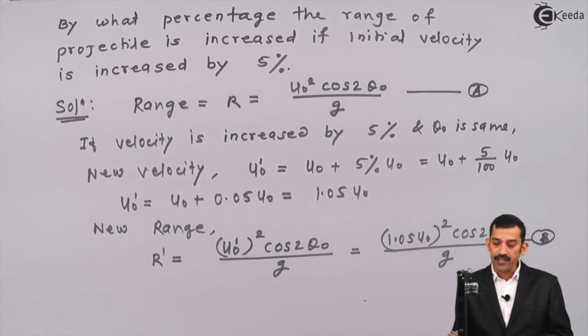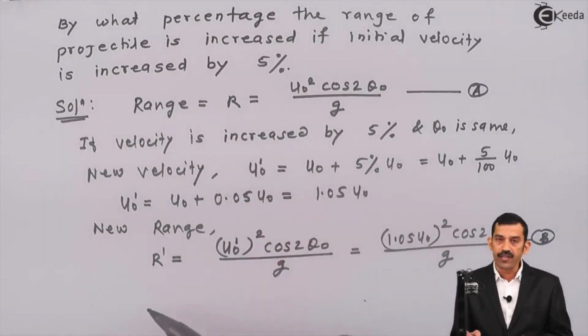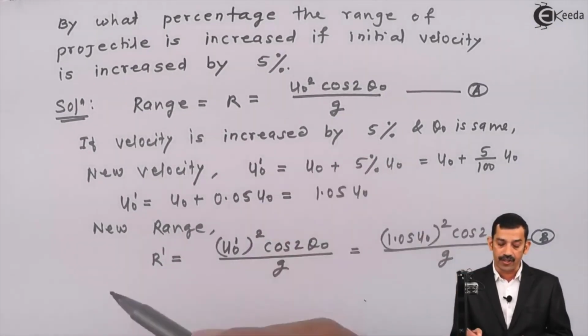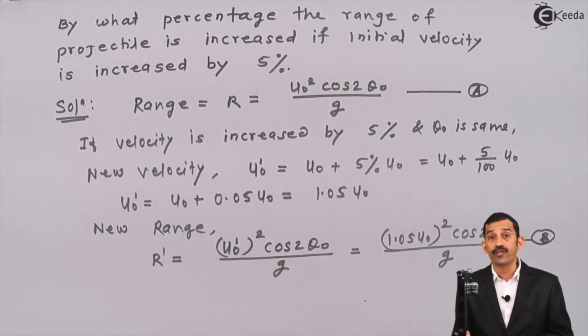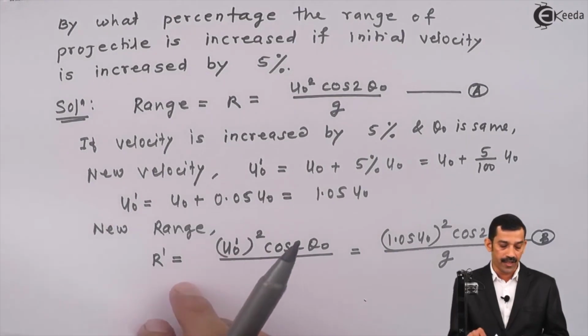Now the percentage increase: because the velocity is greater, the range is increased. The difference in range divided by the original range, which is R, multiplied by 100, gives the percentage increase in range.